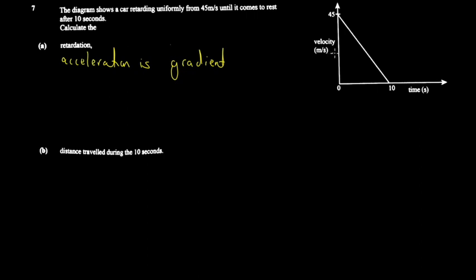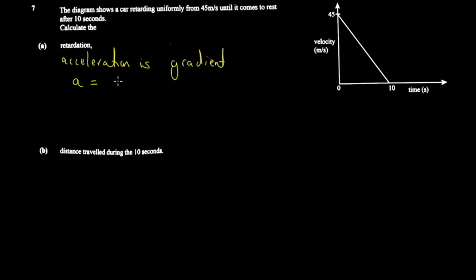In the distance time graph or displacement time graph, the gradient would be the speed. One way to think of it is you're dividing velocity quantities by time, so obviously you get meters per second squared. So the acceleration is the gradient.